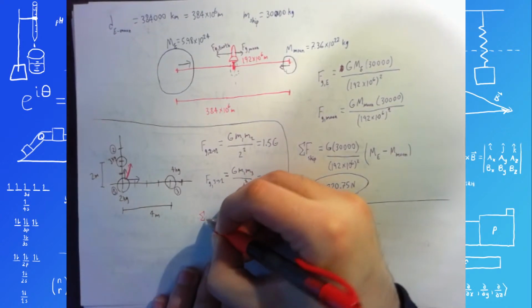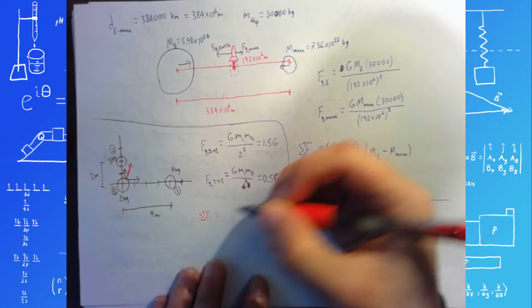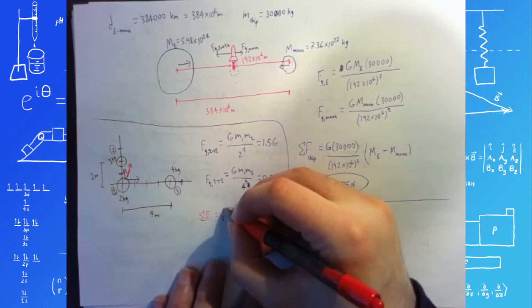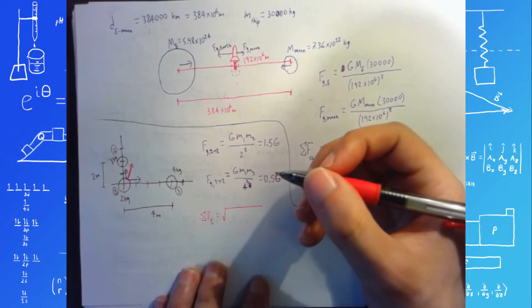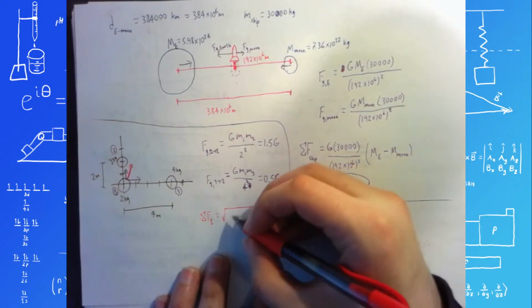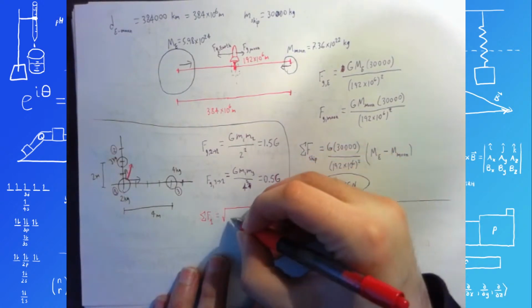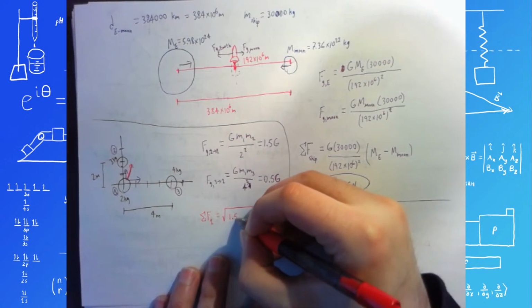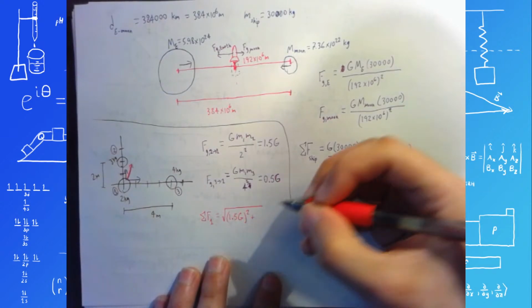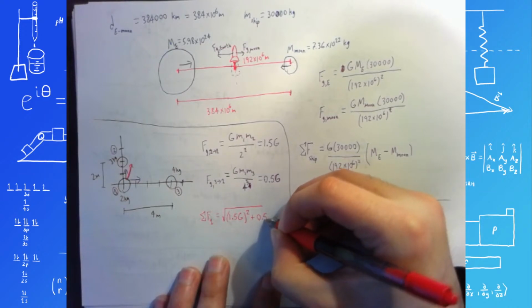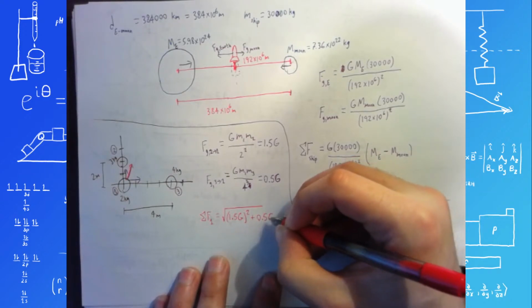So net force on object 1 specifically is going to be the square root of 1.5 g all squared plus 0.5 g all squared, all under the square root.